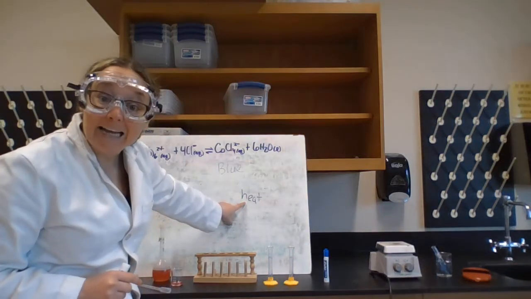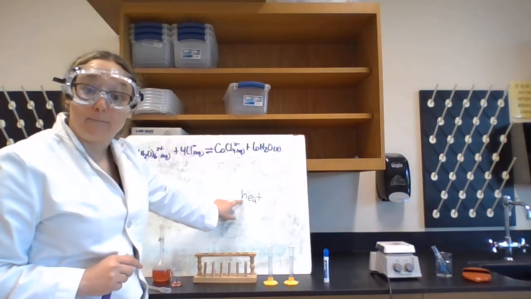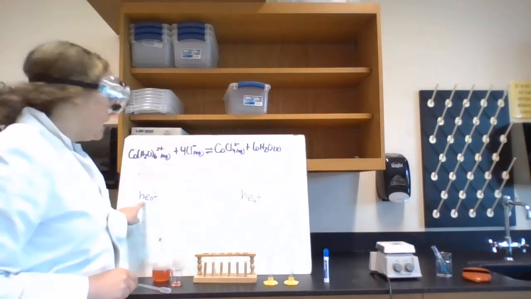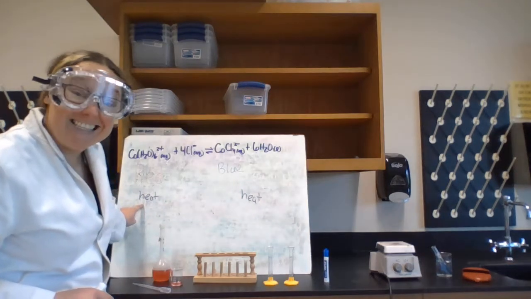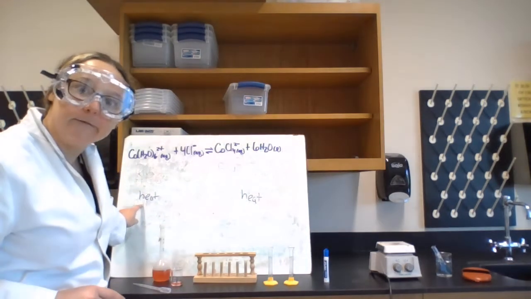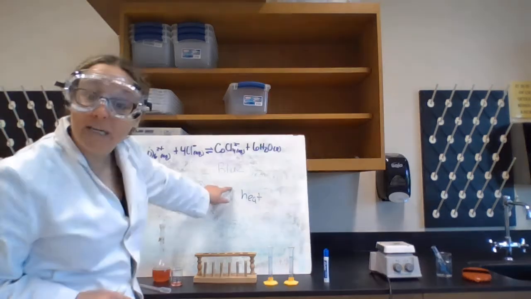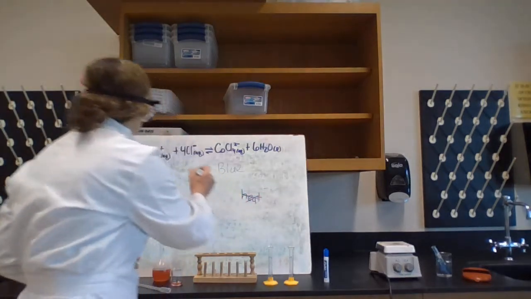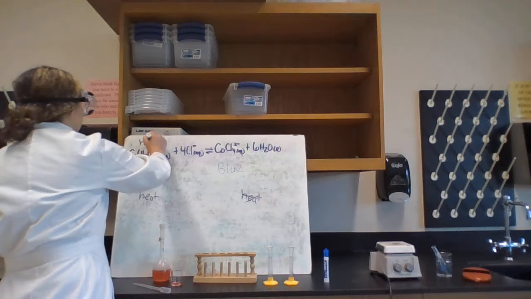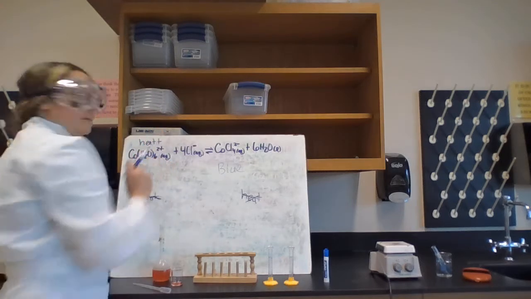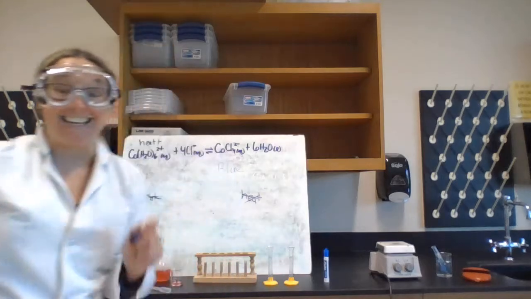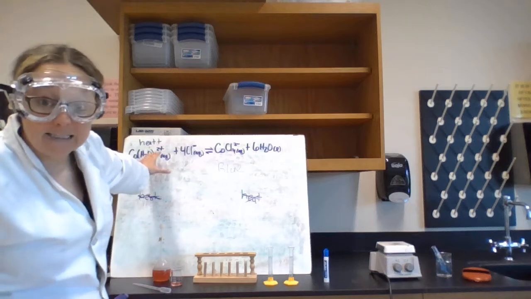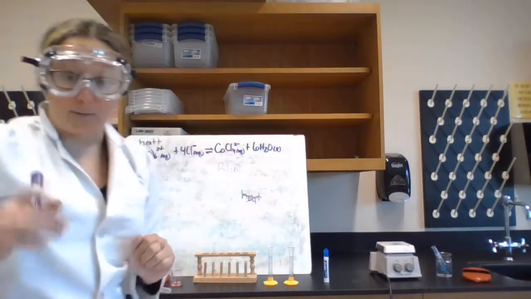If I add heat and it is exothermic, a product, I would shift to the red side. If I add heat and it is endothermic, a reactant, I have to get rid of the reactant I added, so I'm going to shift to the blue side. So because it turned blue, that tells us this is an endothermic process, and we know that because we added heat, which is a reactant, and we saw a shift towards the product side.